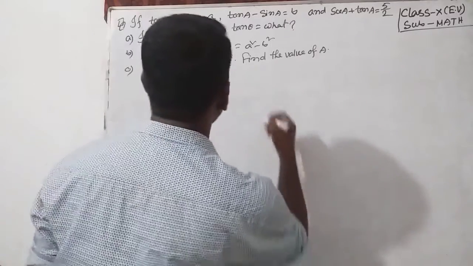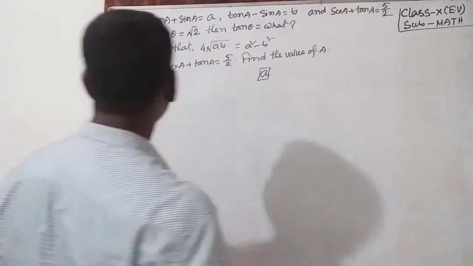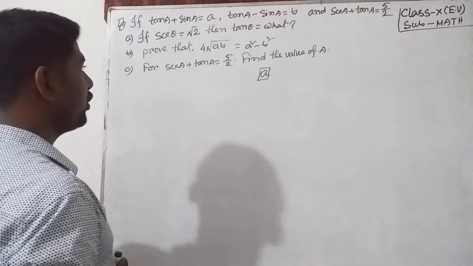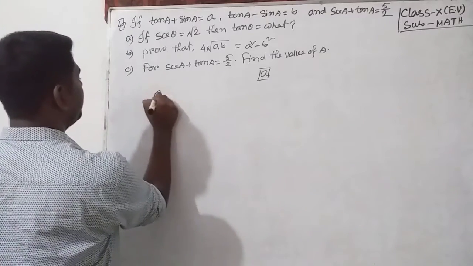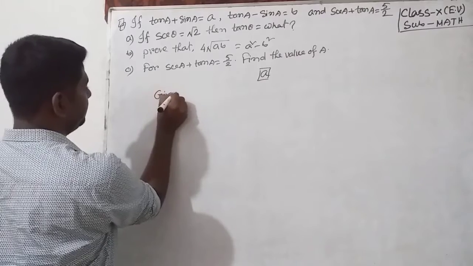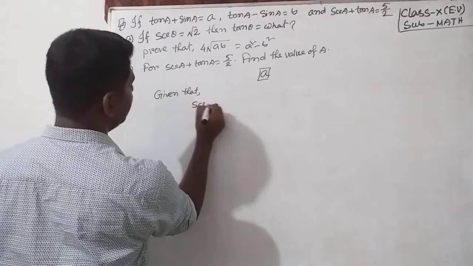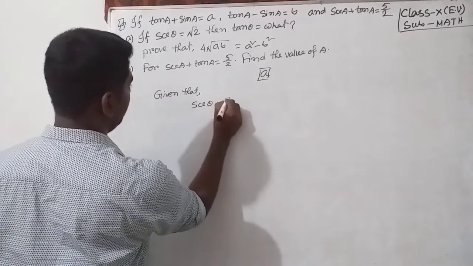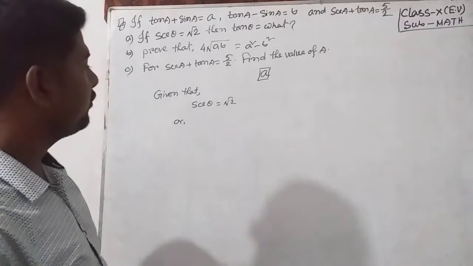Okay, number A. If sec theta equals root over 2, the given value is sec theta equals root 2. We find out the value of tan theta.